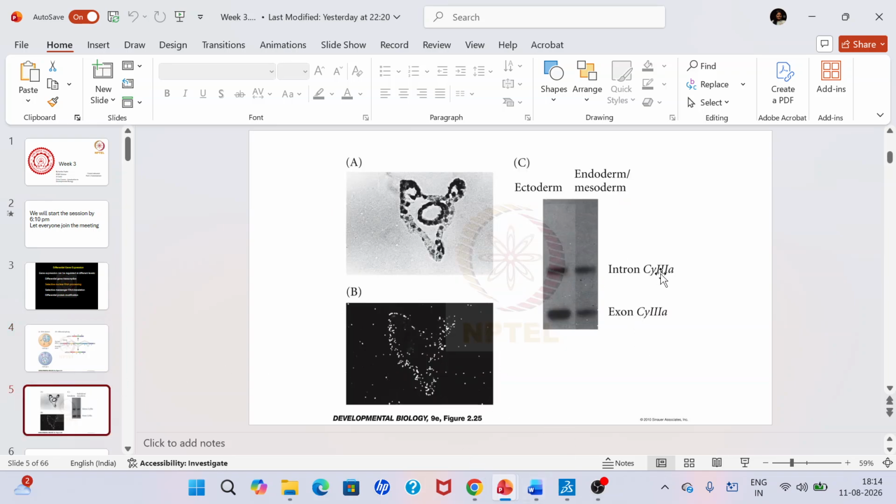This was also shown here, an example in which a whole RNA was formed from the gene, but the mature RNA differed because the protein was ectodermal in expression. If you look at the introns and exons, the exons in ectoderm are higher comparatively than in the endoderm and mesoderm, and the introns are almost equal.